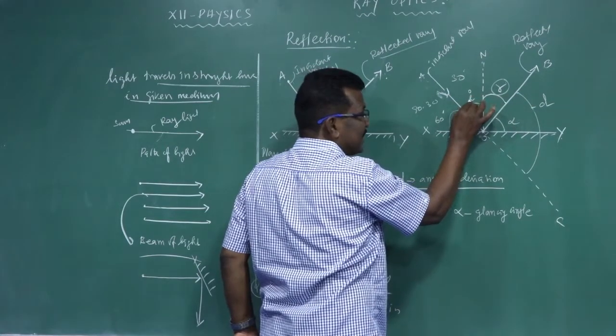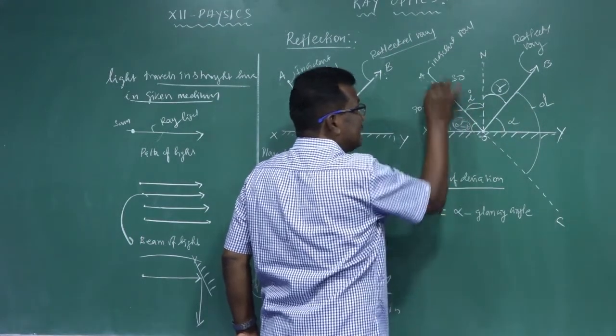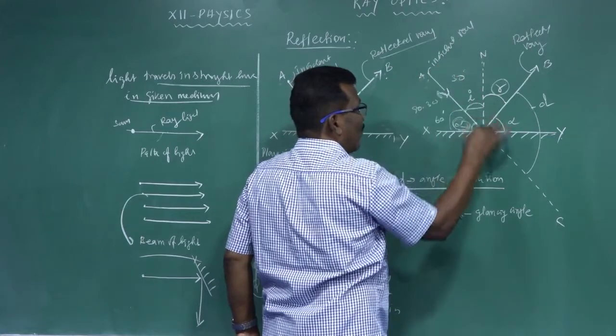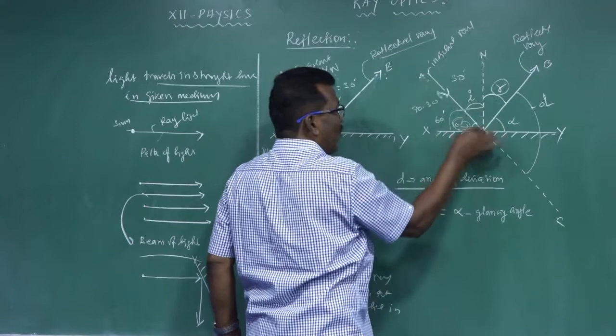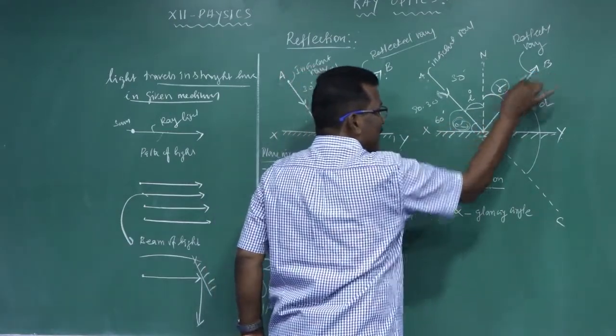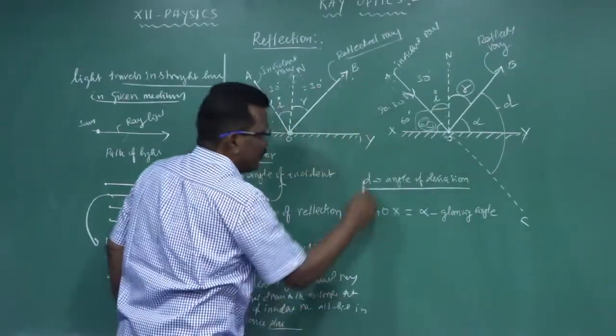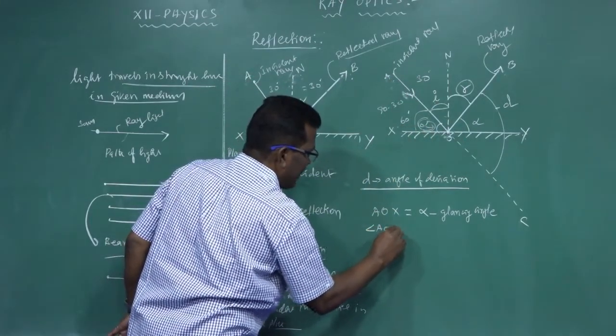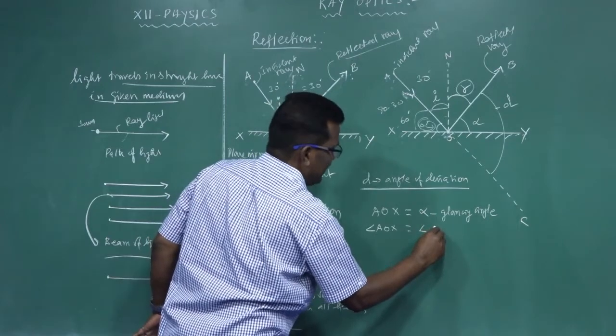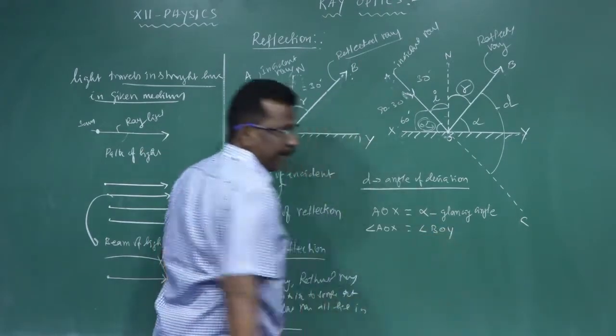AON is equal to BON, and at the same time AOX is equal to BOY. So angle AOX is equal to angle BOY.